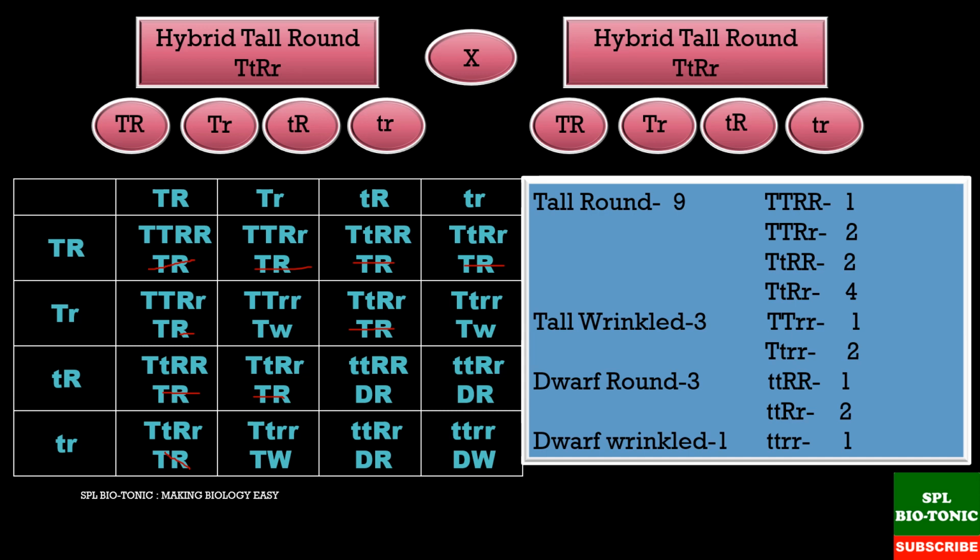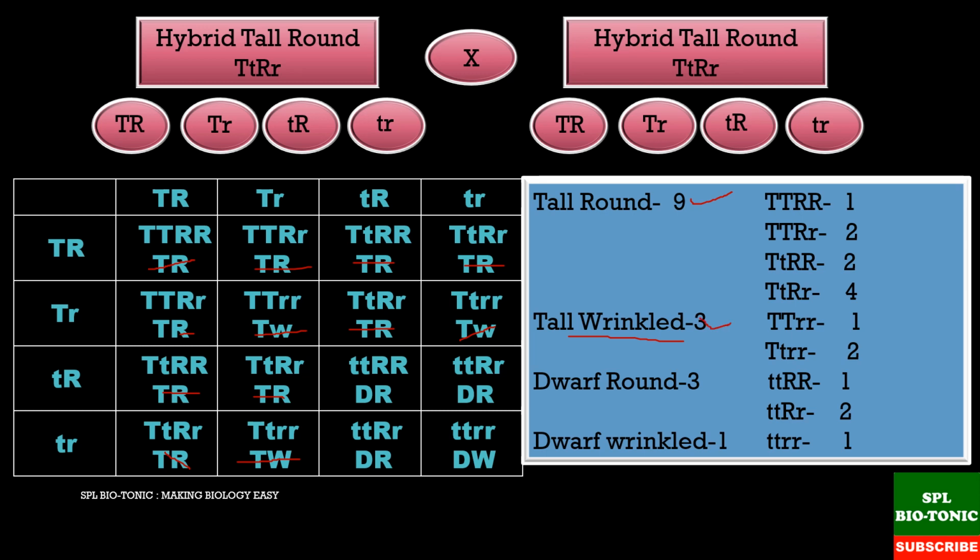So we have 9 tall round plants. Next phenotype is tall wrinkled. In this checkerboard we have the first as tall wrinkled, then second, and a third tall wrinkled. So in total we have 3 tall wrinkled plants.